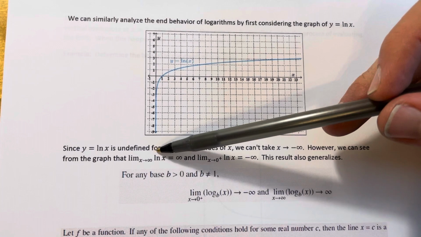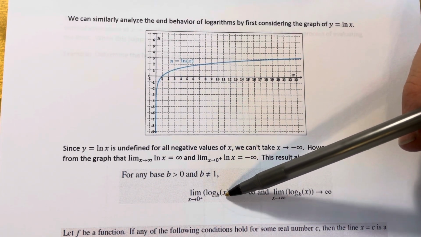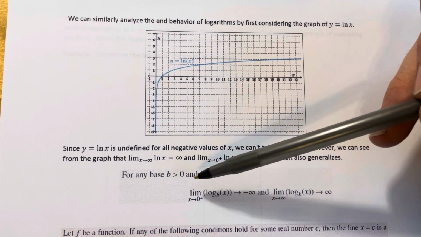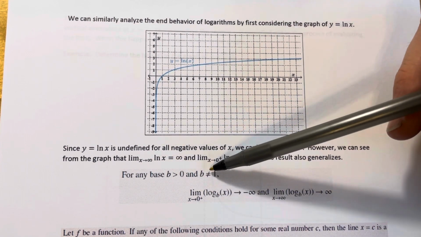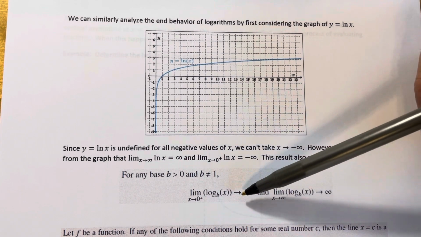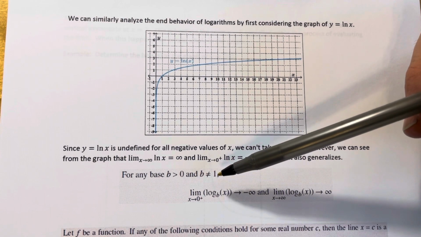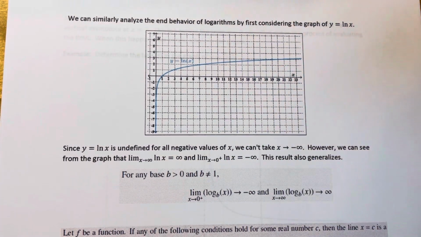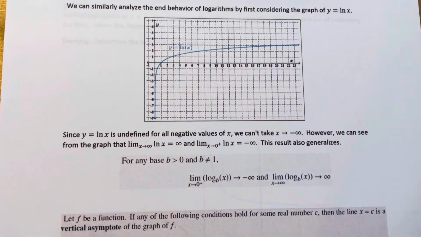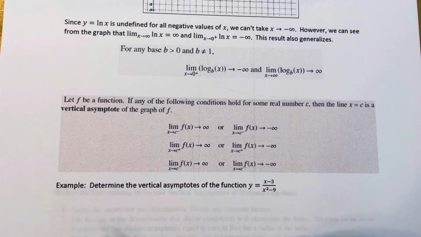If I replace the natural log of x with any log whose base b is greater than 0 and not equal to 1, because we know that that's necessarily the case, then we get this same thing happening. We're not going to do much with this, but it's worth mentioning, since we already talked about exponential functions and their end behavior.